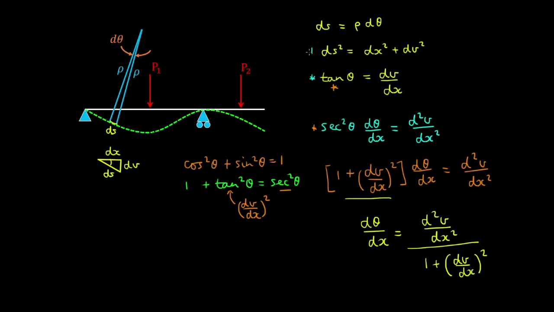Now doing a bit of algebra on this equation, we have ds squared is dx squared, which will factor out, and that gives 1 plus (dv/dx) squared.